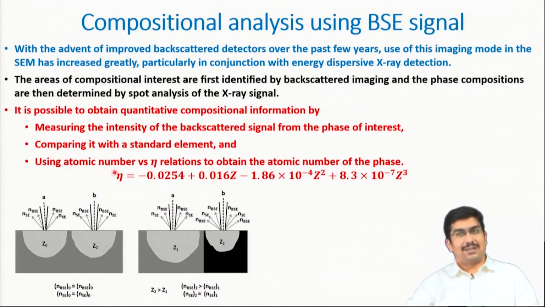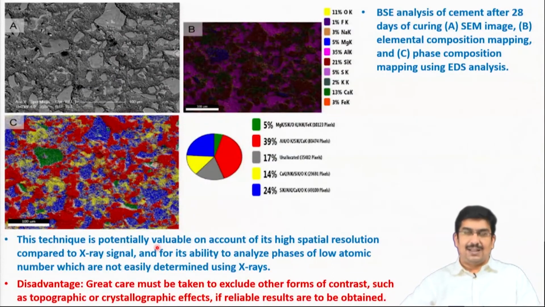So, knowing the backscattered electron yield of the standard, we can back-calculate the elemental concentration, or the percentage of that particular element present within this specimen. So, this is how we can do the compositional analysis using the BSE signal.